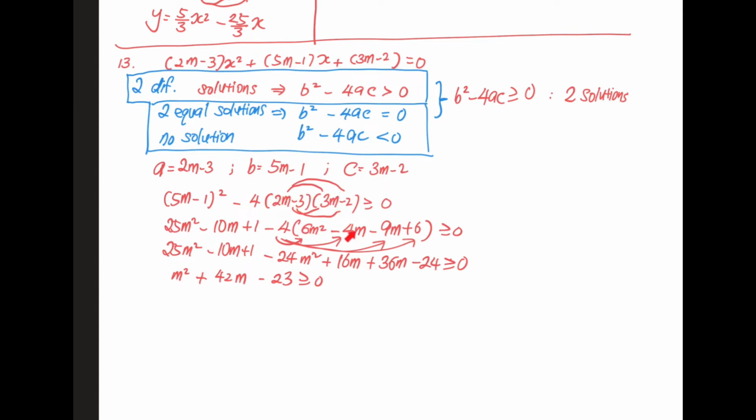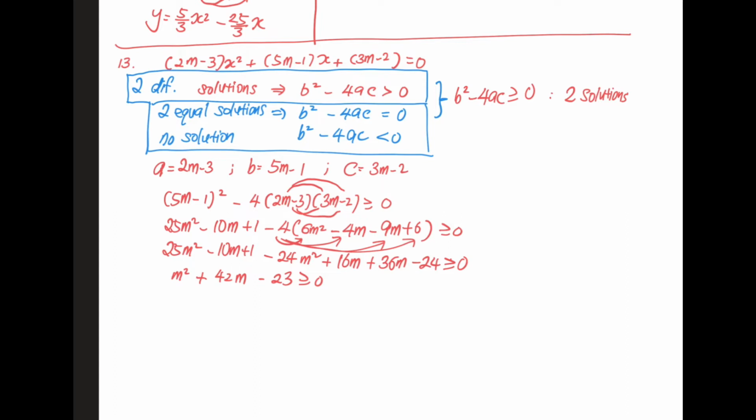This is 6m squared, 2 times 2 minus 4 minus 9 plus 6. Correct. Then negative 24, 16, 36m minus 24. Correct. This one m squared, 25 minus 24 is 1, 52 minus 10 is 42, 1 minus 24 is minus 23.